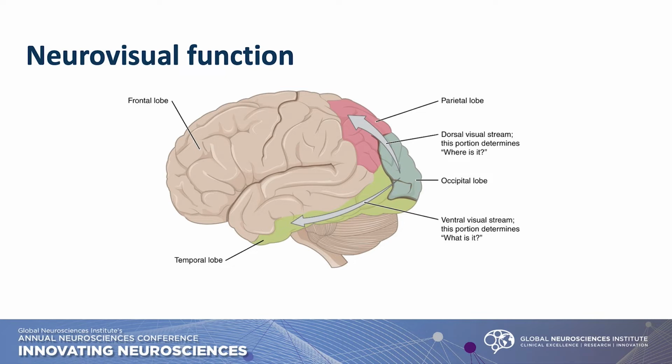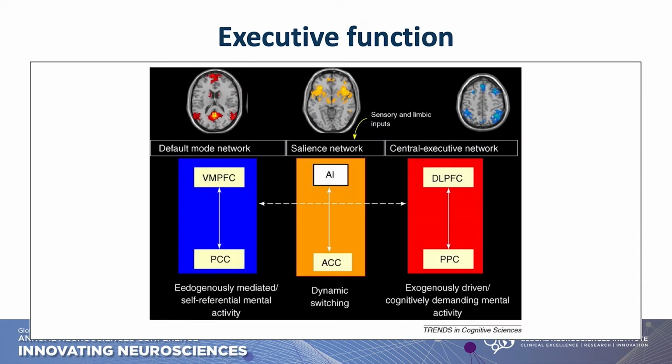When I say executive function, the executive networks are a little bit more widely distributed, but the one we usually test and evaluate is the central executive network function, which is heavily reliant on the prefrontal cortex and the connections with the higher processing areas of the parietal and temporal regions.